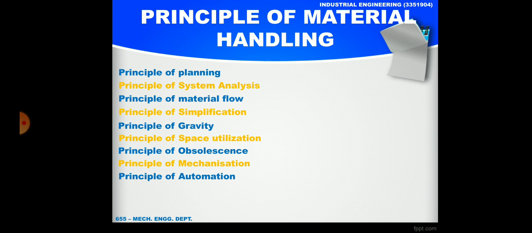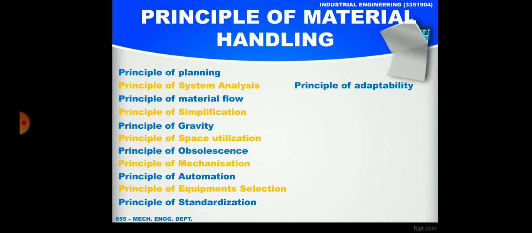Use of automatic machines for easy transfer of material. Principle of equipment selection. For a proper, fast, and efficient process, equipment selection is necessary. Principle of standardization. With all the above, we can standardize our project or material. Principle of adaptability. With all the principles, we can make the material adaptable.